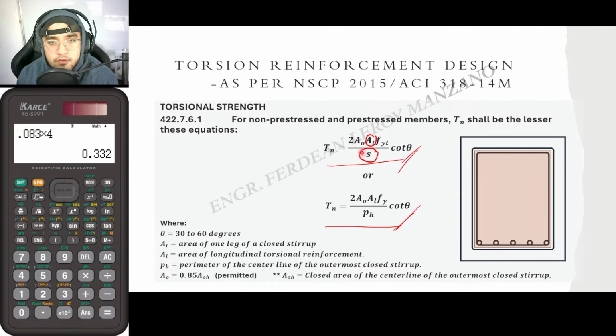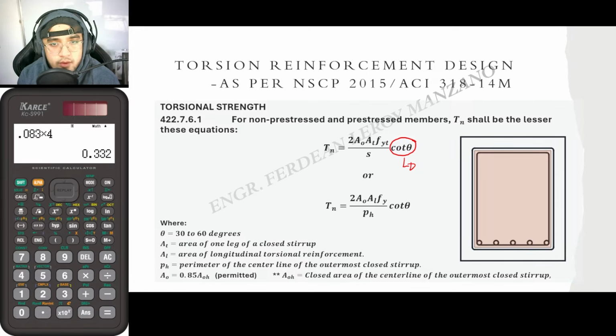Okay, what about the value of cotangent theta? Let me just erase everything here. Cotangent theta is basically 1 over tangent theta.